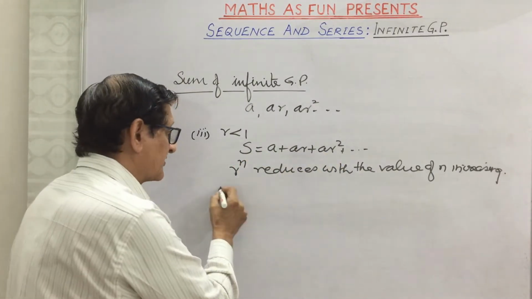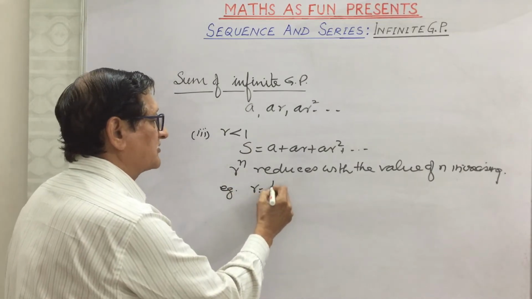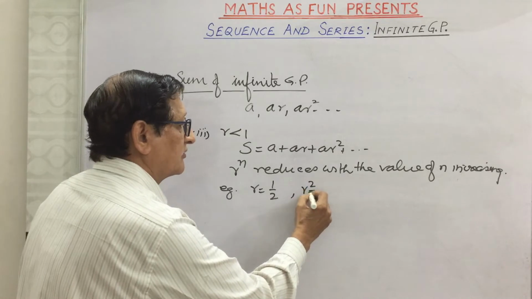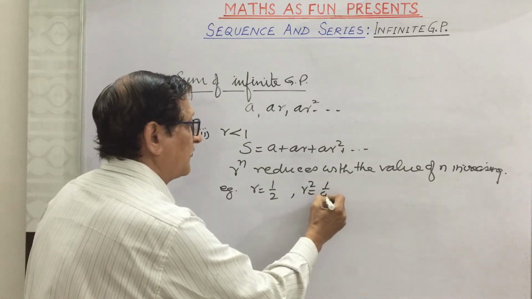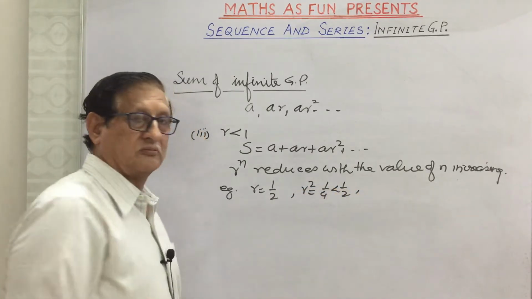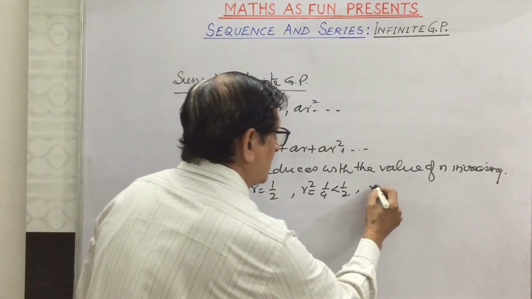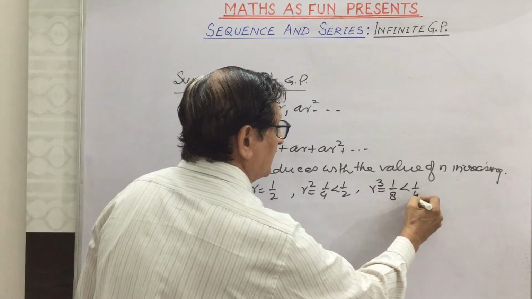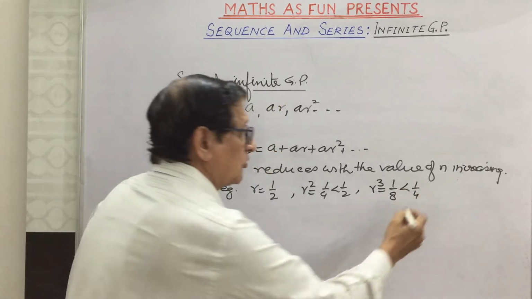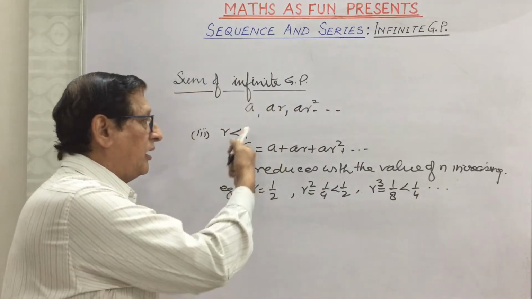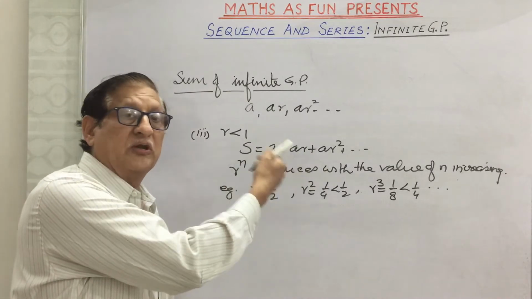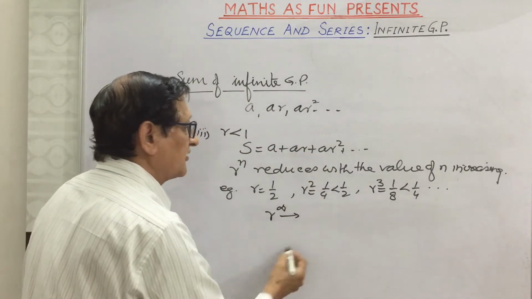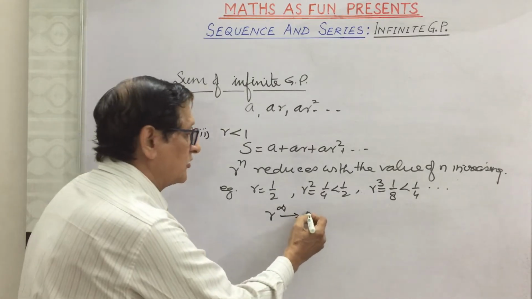We can say for an example, suppose r is half. What will be r square? That will be 1 by 4, which is less than 1 by 2. If we find r cube, that is 1 by 8, which is less than 1 by 4. And so on we find when n increases to infinity, the value will be tending to 0.